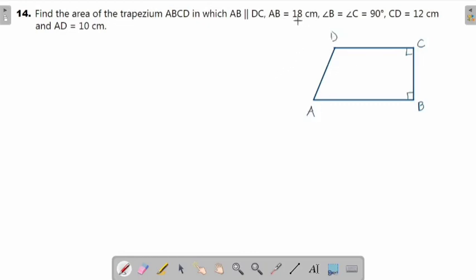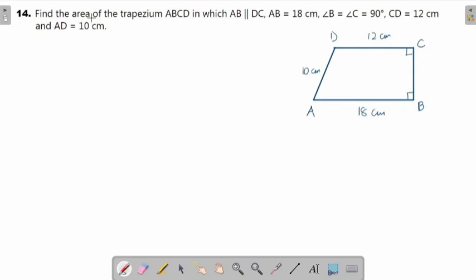It is given AB is 18 centimeter, angle B and angle C both are 90 degree, CD is 12 centimeter and AD is 10 centimeter. So you need to find the area of this particular trapezium.